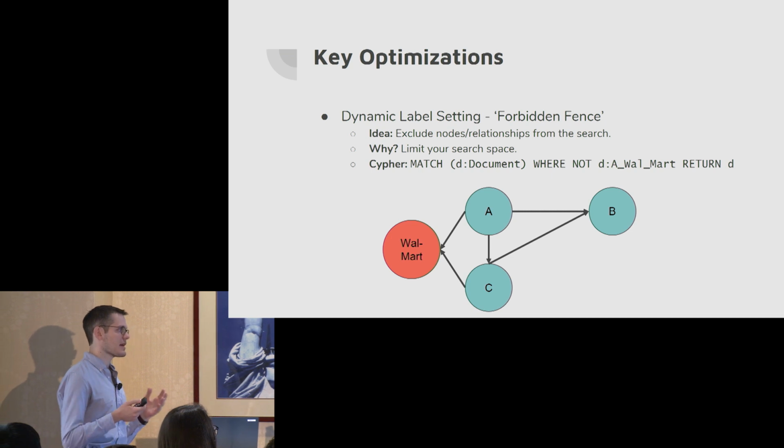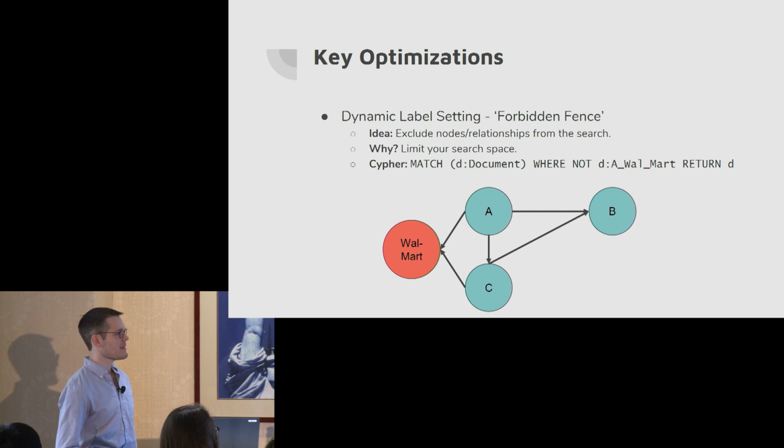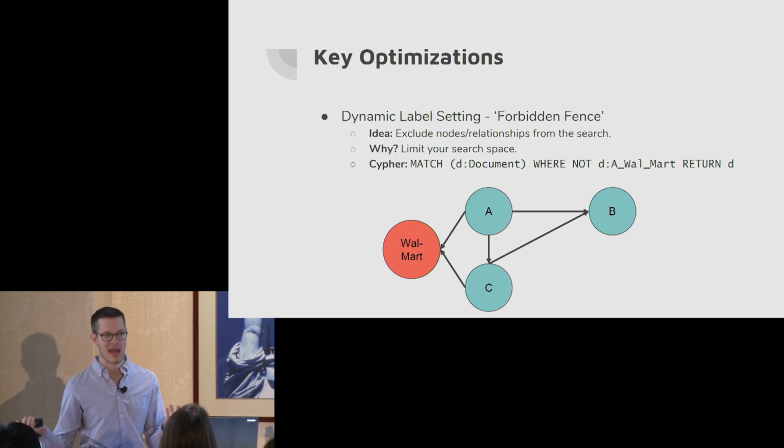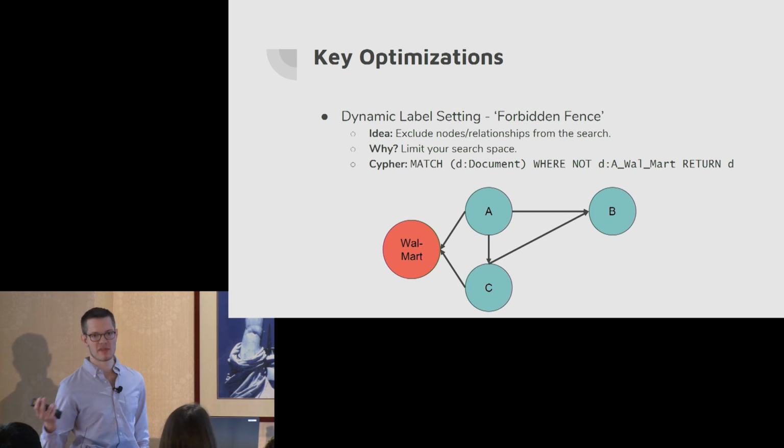And when you have thousands, sometimes millions of nodes that are going to fit that query, you'll save yourself some pathfinding a little bit later if you know you don't care about these patents in the same way that you do the other patents. So we limit our search space by doing this, and that's really the key idea.